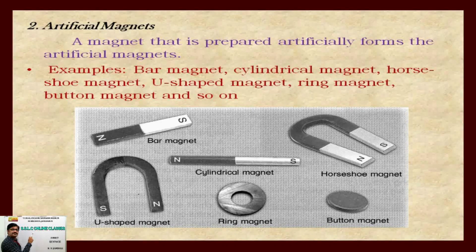Examples: bar magnet, cylindrical magnet, horseshoe magnet, U-shaped magnet, ring magnet, button magnet, and so on. Please take a look at those different kinds of artificial magnets shown in this picture.